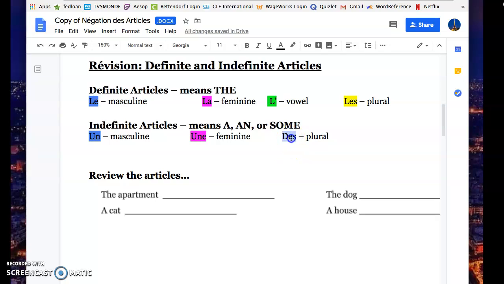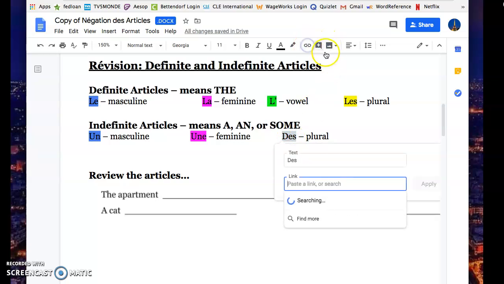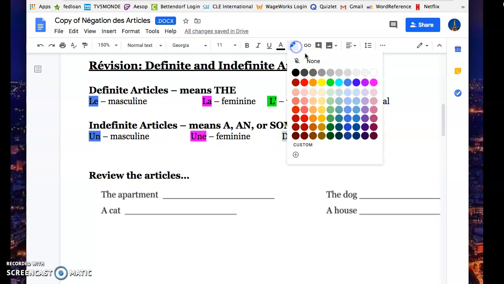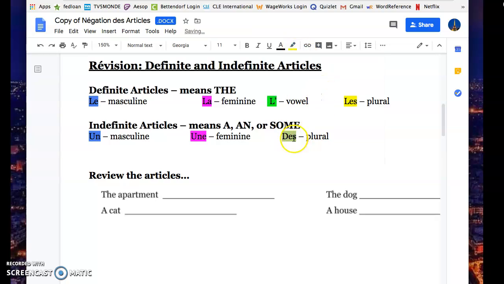Une is feminine, and then some French fries is des frites because your plural indefinite article is des, and French fries are plural. Don't even try to give me one French fry. I will be offended. I need multiple.